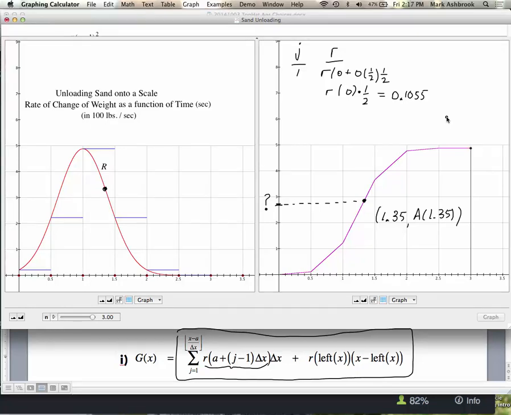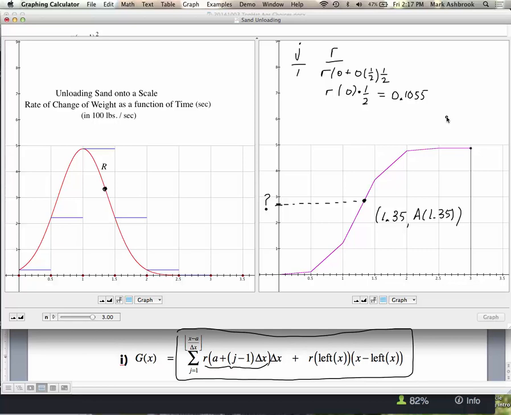What does that number mean? What's a little bit of y, a change in y? What does that mean? Accumulation of the sand weight. That's the approximate weight accumulated in the first interval. When J equals 1, it just did R delta x.